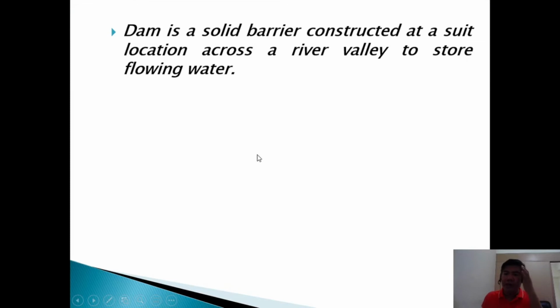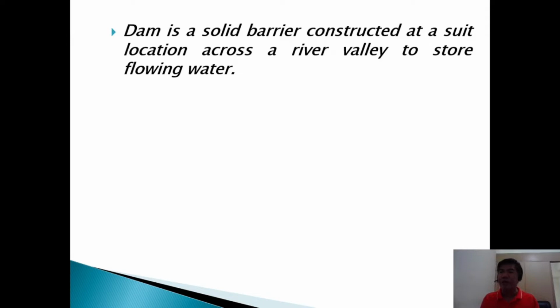So a dam is a solid barrier constructed at a suitable location. That's the reason why the first requirement is actually to select the best location of the dam. It is across a river valley, and the purpose of which is to store flowing water. So most likely it is on those rivers that have a continuous flow all throughout the year.